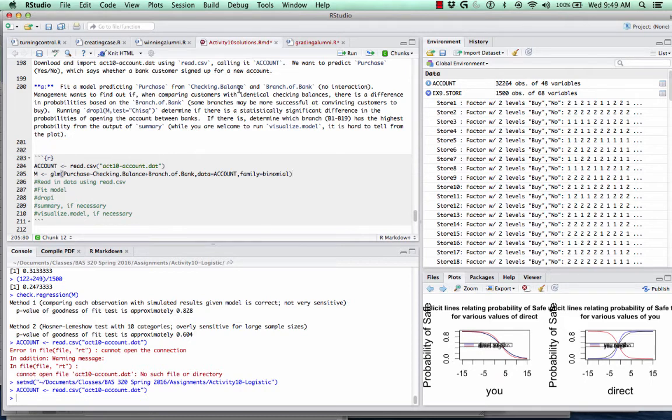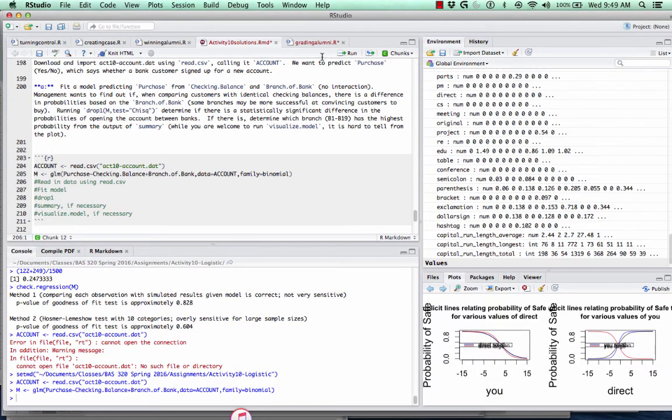So let's compare otherwise identical customers in terms of their checking balances and then see if there's any leftover difference in probabilities between branch of banks. So let's fit our logistic regression model, and then let's run drop one. Let's see if the set of indicator variables representing branch of bank is statistically significant.